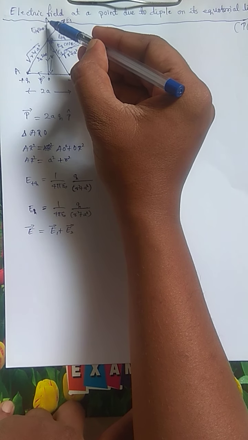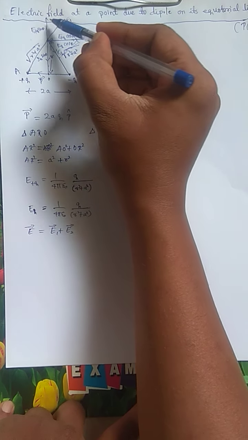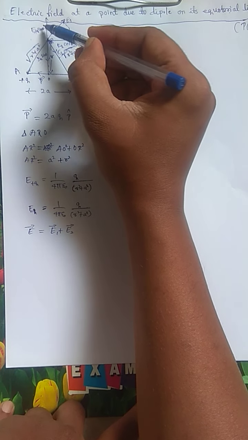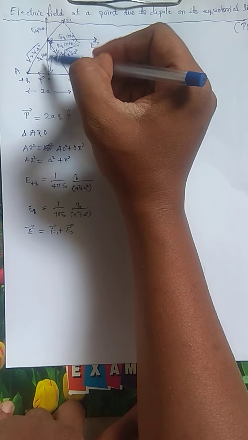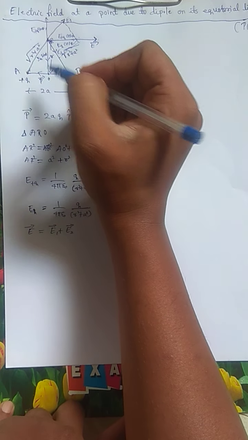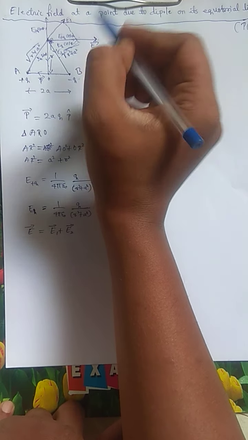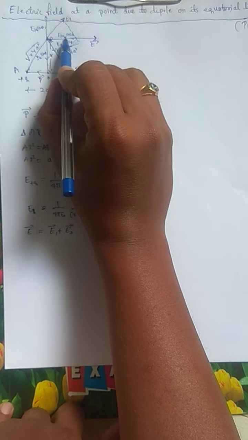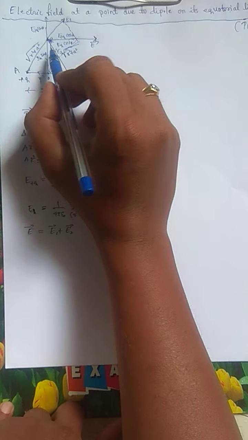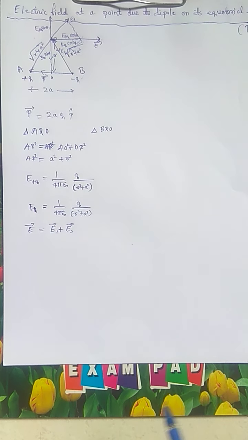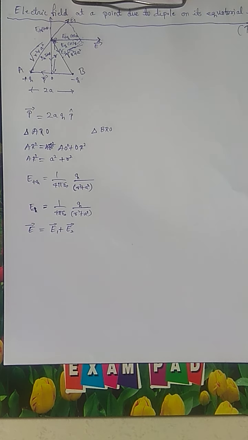But what about the perpendicular components? They are of the same magnitude, but they move in opposite directions, and hence they cancel each other. And what about the parallel components? They are of the same magnitude and move in the same direction, hence they add up. So first of all, we will write the components.